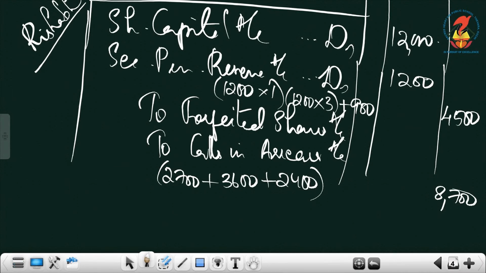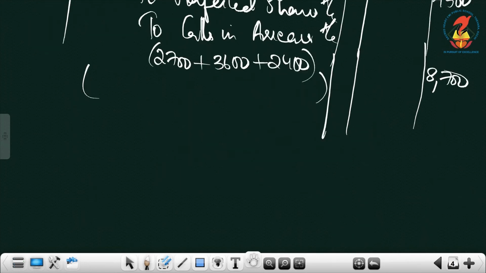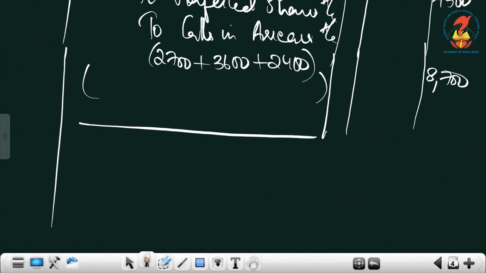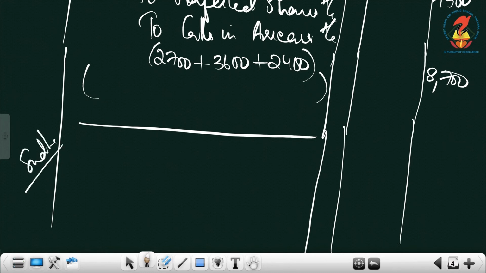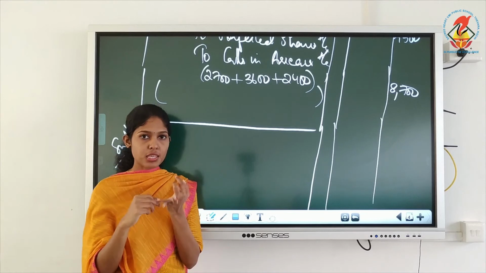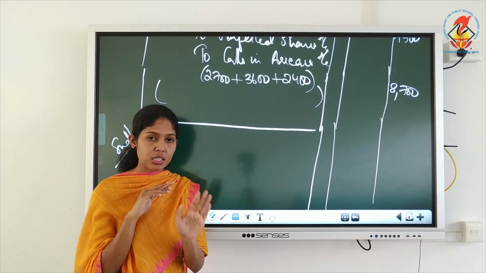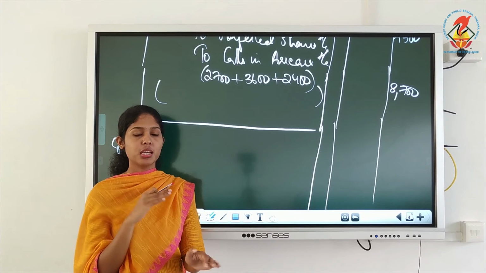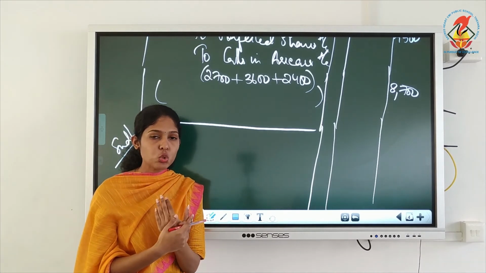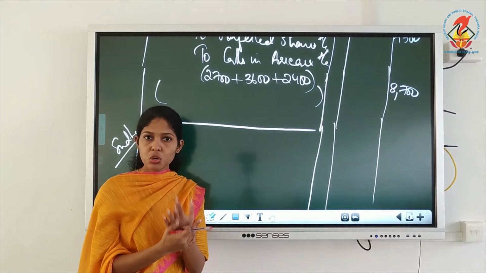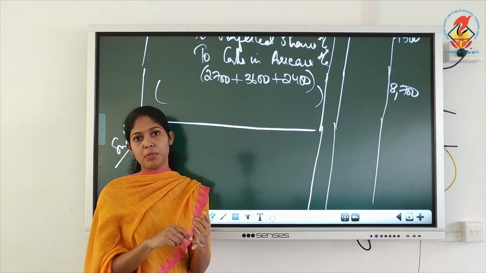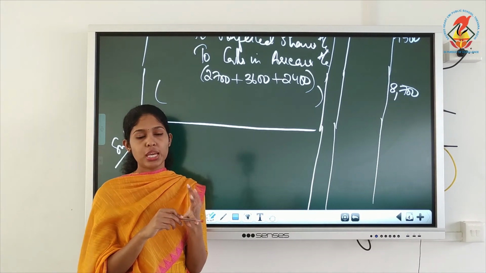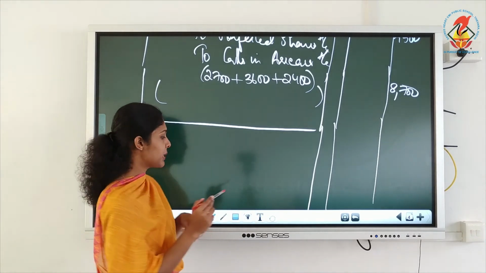This is how you have to write the forfeiture journal entry. The next we will write the entry for Sudha. Now Sudha failed to pay first call and second call, meaning she paid the allotment money. So what should we do with SPR? Should we debit it? No, since she has paid allotment, she would have paid premium also. If premium is received, ignore completely.